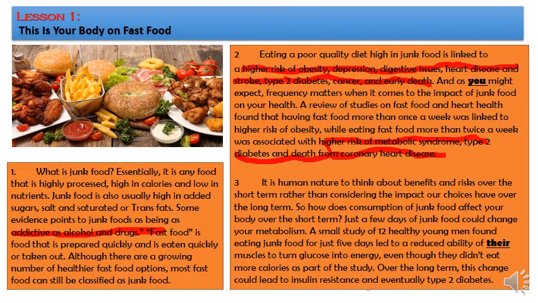Over the long term, this change could lead to insulin resistance and eventually type 2 diabetes. So on the short term, you will have a change in your metabolism, and on the long term, you might have type 2 diabetes.